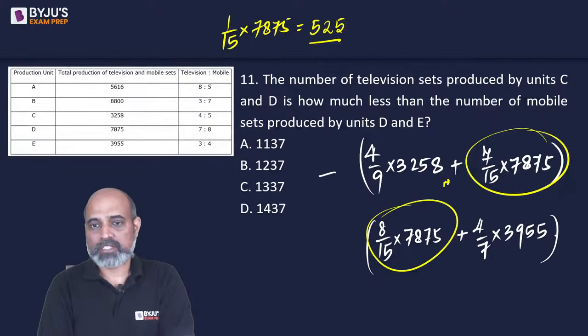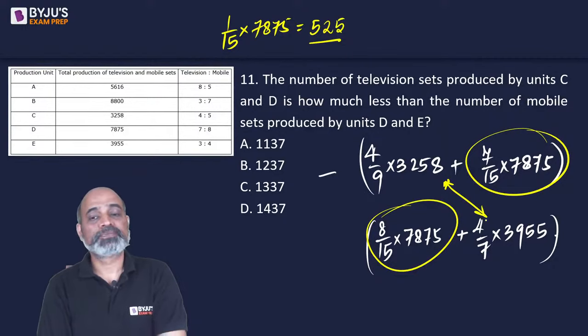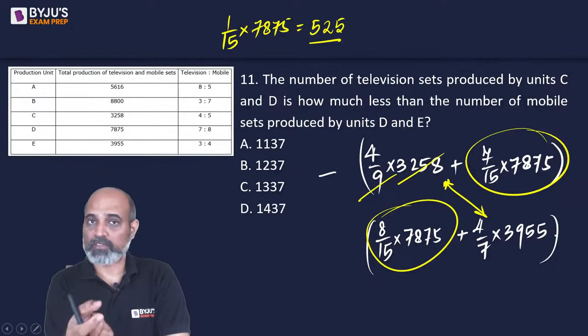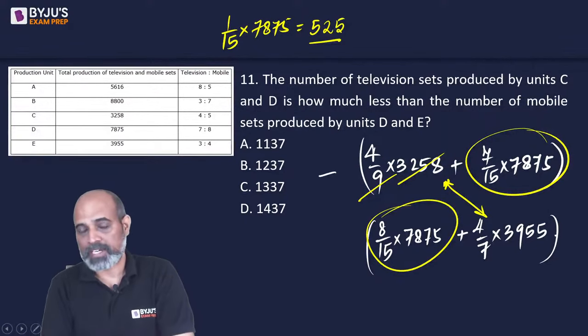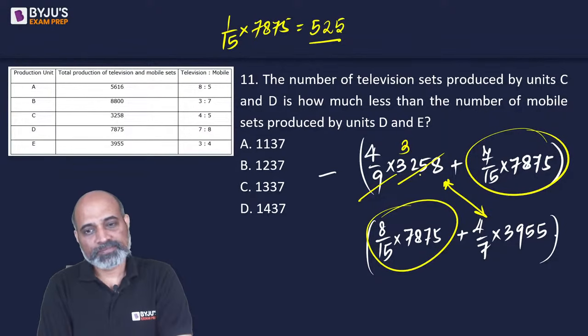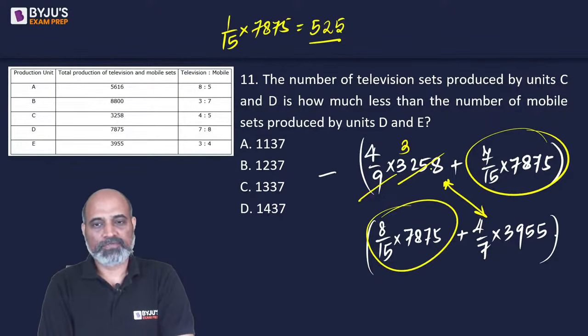Now I need to take the difference of these two, right? So I'll have to simplify. The denominator is not the same, one is 9 and other is 7, so I can't simply subtract. So I have to simplify and subtract. So this is going to be 9 into 3, 27, 54, and 362 into 4. And this is going to be 7 into 5, 35, 7 into 6, 42, and then 7 into 5, 35.